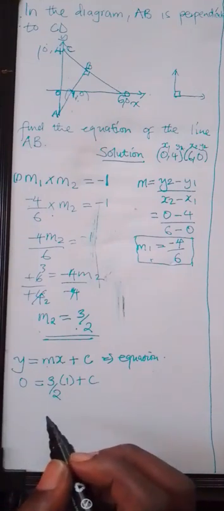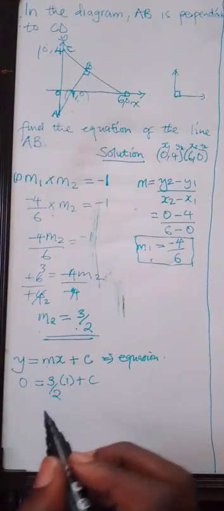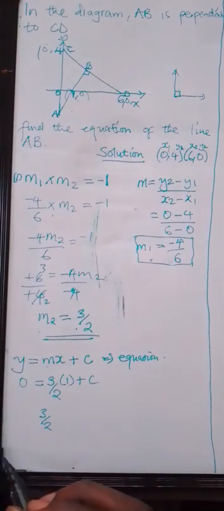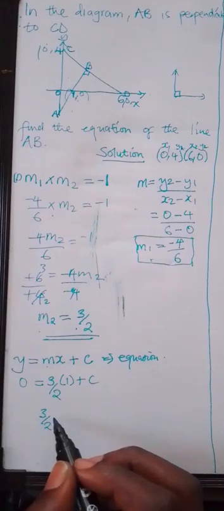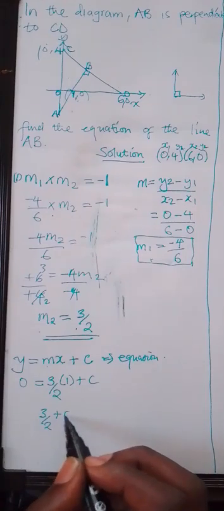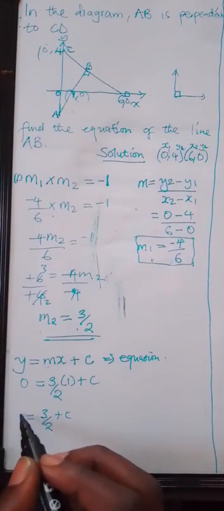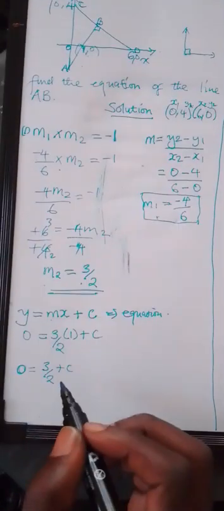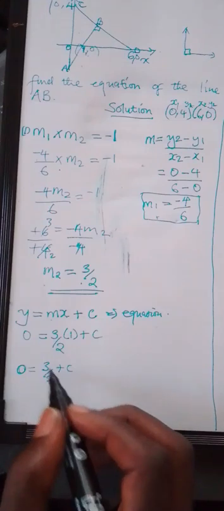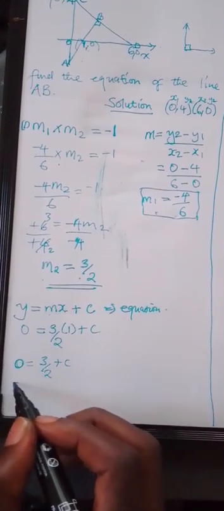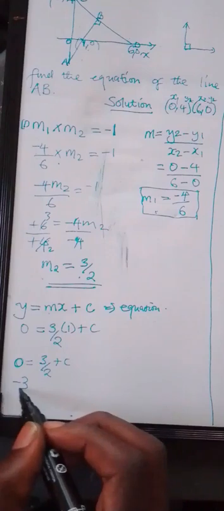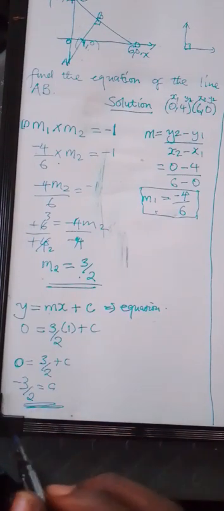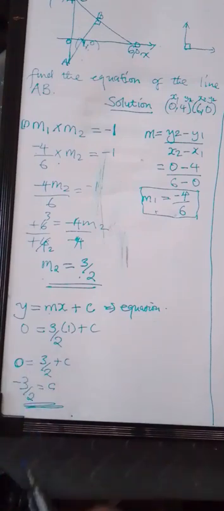Here you can multiply. You have 3 over 2 plus c is equal to 0. Then we move the other term across, so we have c equals negative 3 over 2. So our c is negative 3 over 2.